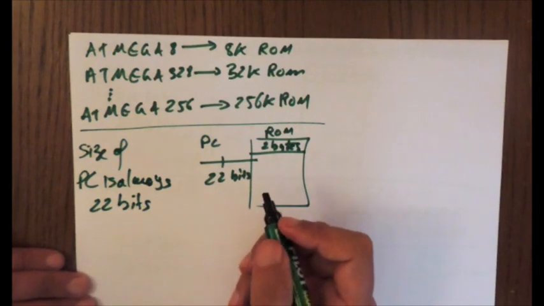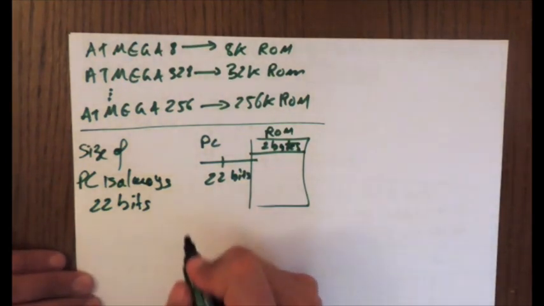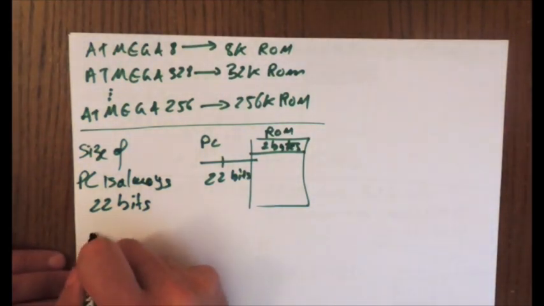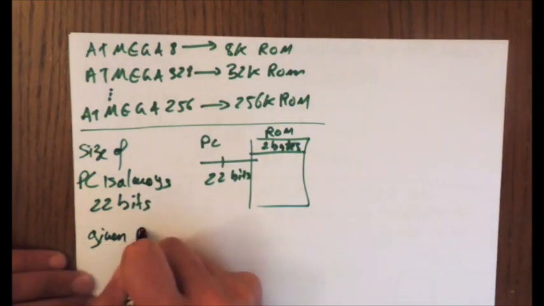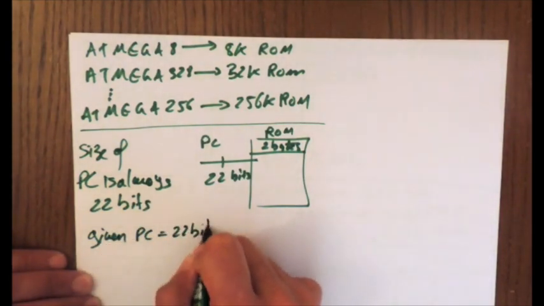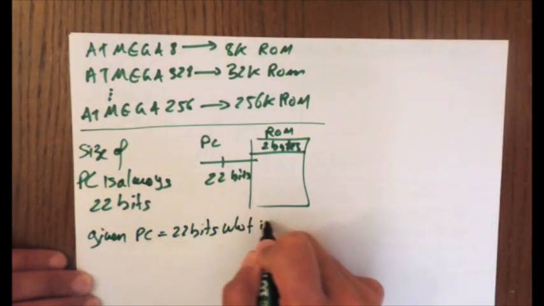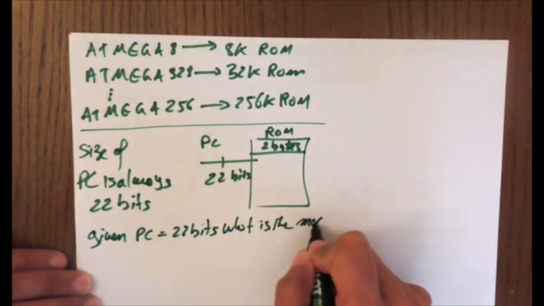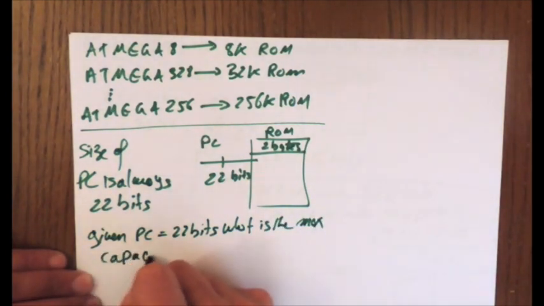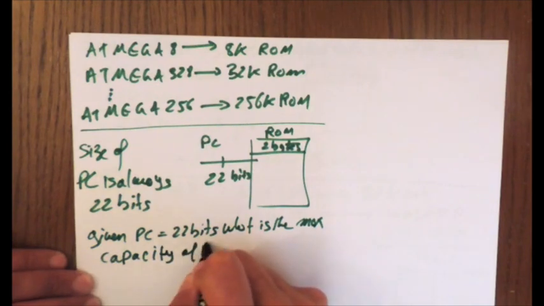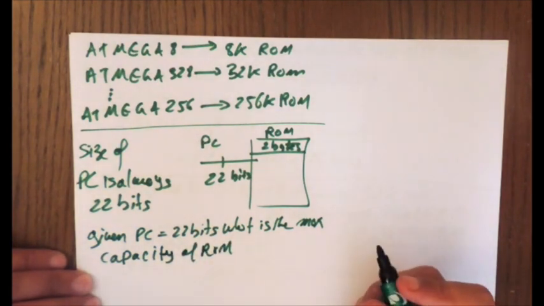So this gives us a maximum capacity of how much? Given PC equal 22 bits, what is the maximum capacity of ROM that can be handled?